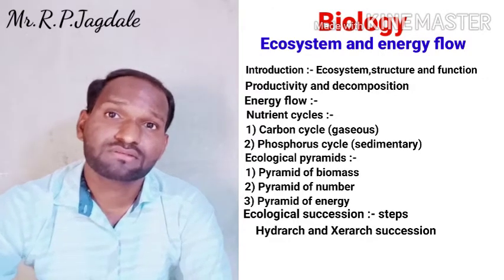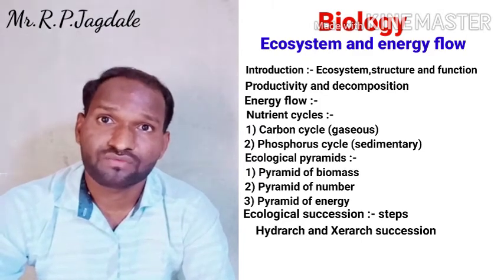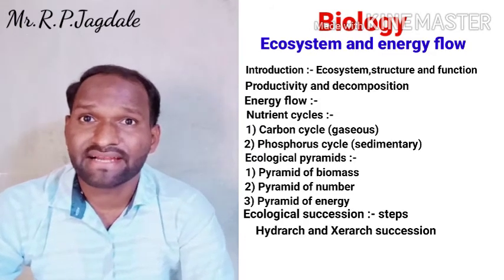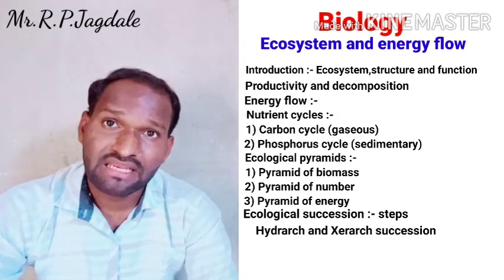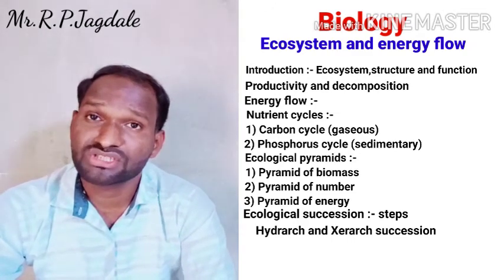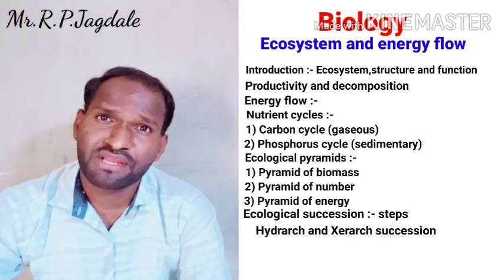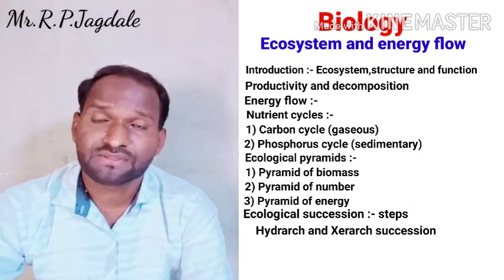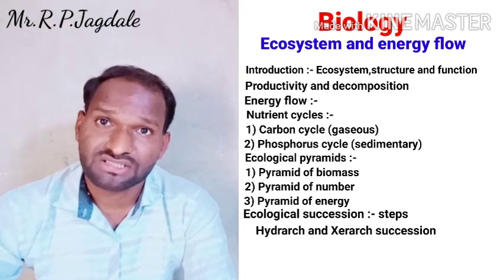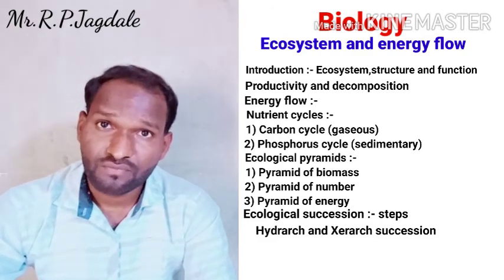So ecological succession is divided into two major parts: one is Xerarch succession and the second is Hydrarch succession. These two conditions are very different from each other: one is very dry and one is very marshy. In such places, we are going to see in detail how the succession develops.